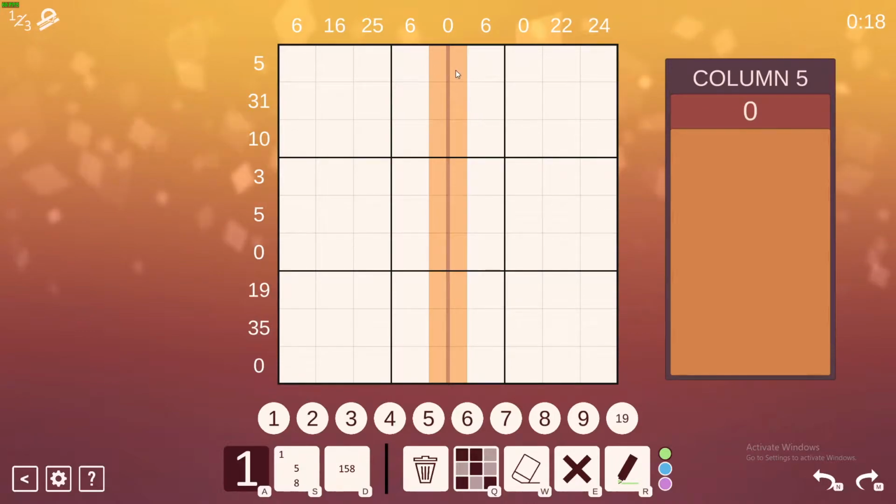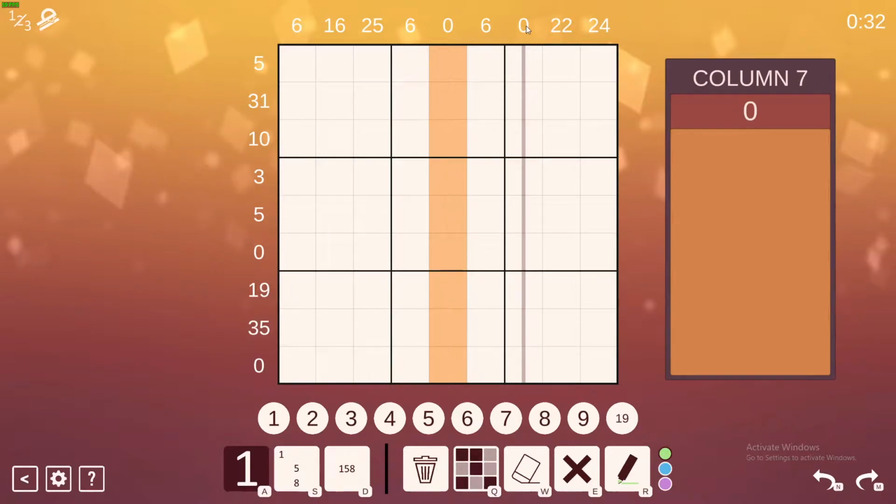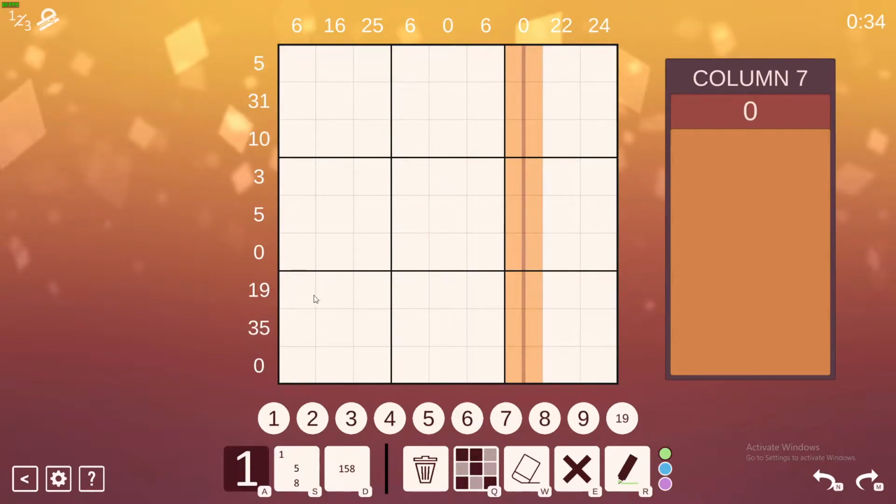So the 0 clue means that there will be a 1 and a 9 directly next to each other somewhere within this column. Same with this column.